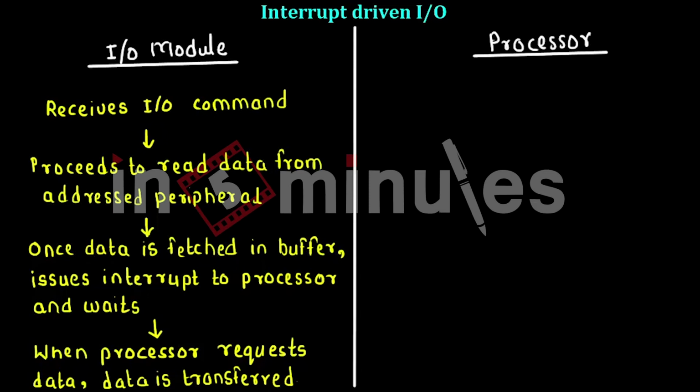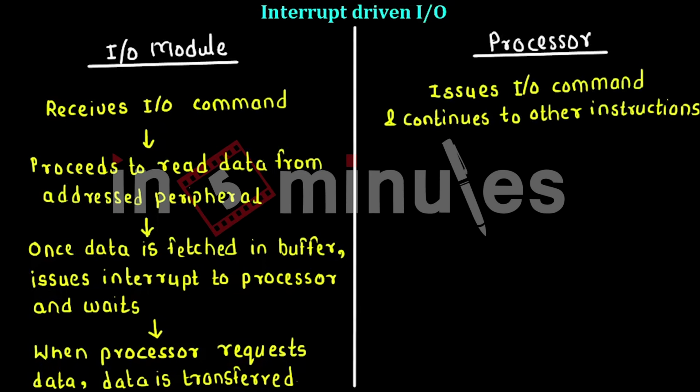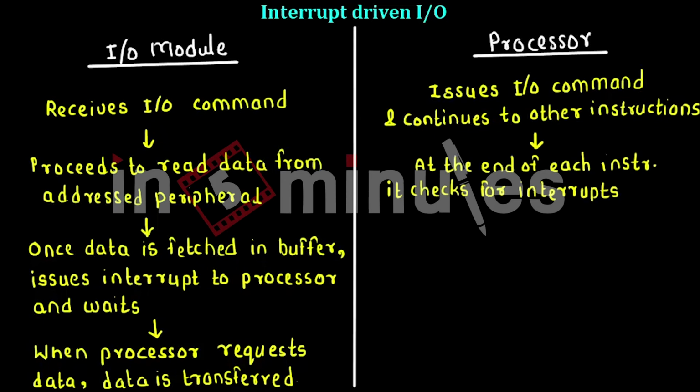So this is the way in which the I/O module responds to the read operation in interrupt-driven I/O. Now, from the viewpoint of the processor, first it issues the I/O command to the I/O module, and it continues with other instructions. Once the command is issued, it can execute the next instruction in the sequence. At the end of each instruction, it checks whether the interrupt from the I/O module has arrived or not.